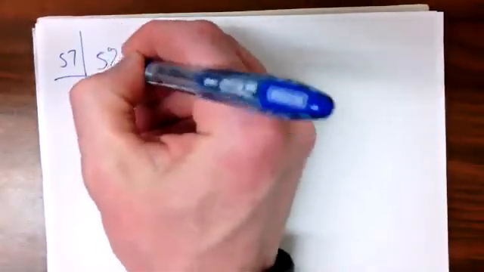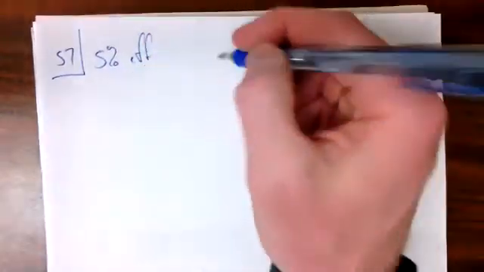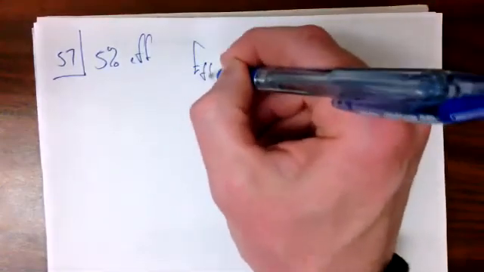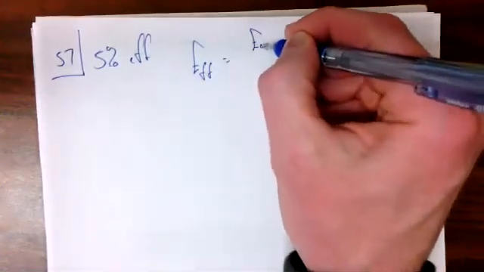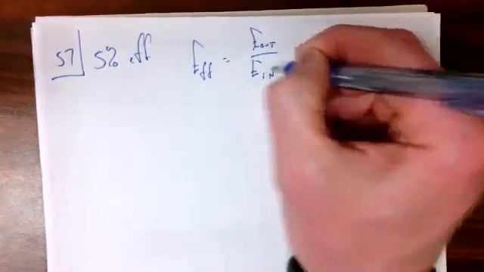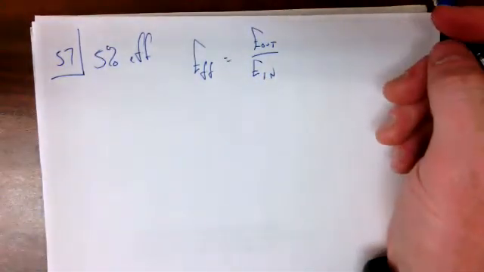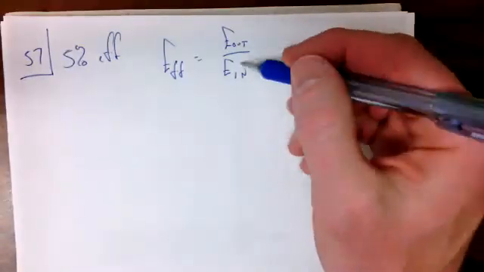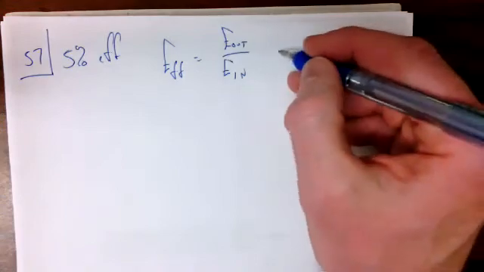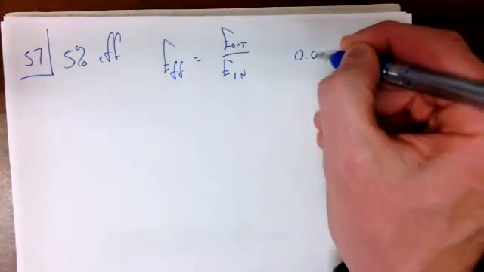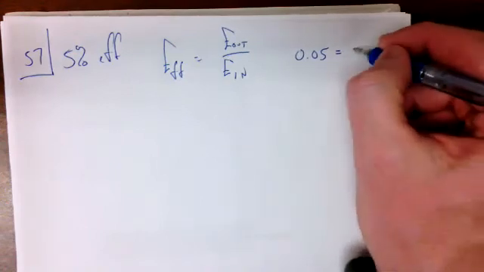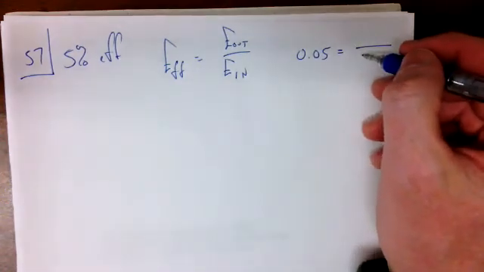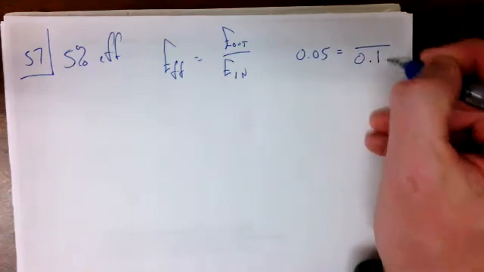Which way do you want to do it? Well, I'll just walk you through it. Okay, so 5% efficiency. Efficiency equals the energy you're getting out over the energy you're putting in. How much waste thermal energy in 1 hour? If it's 1 hour, then it's 0.1. So 0.05 efficiency equals the energy out over the energy in, which is 0.1.